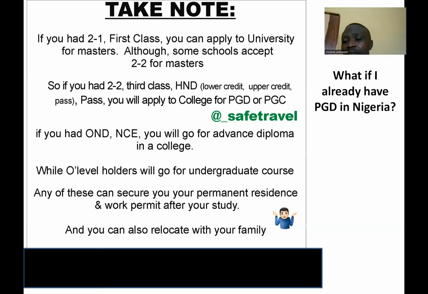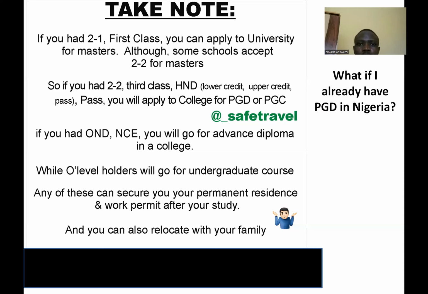If you have PGD, you can go and do another PGD in Canada, maybe with your HND or with your top class or with your 2-2. I don't know which one you have currently. What I know is that if you want to apply for masters in Canada, the requirement is a 4 or 5 years BSc degree program. That is the basic requirement.